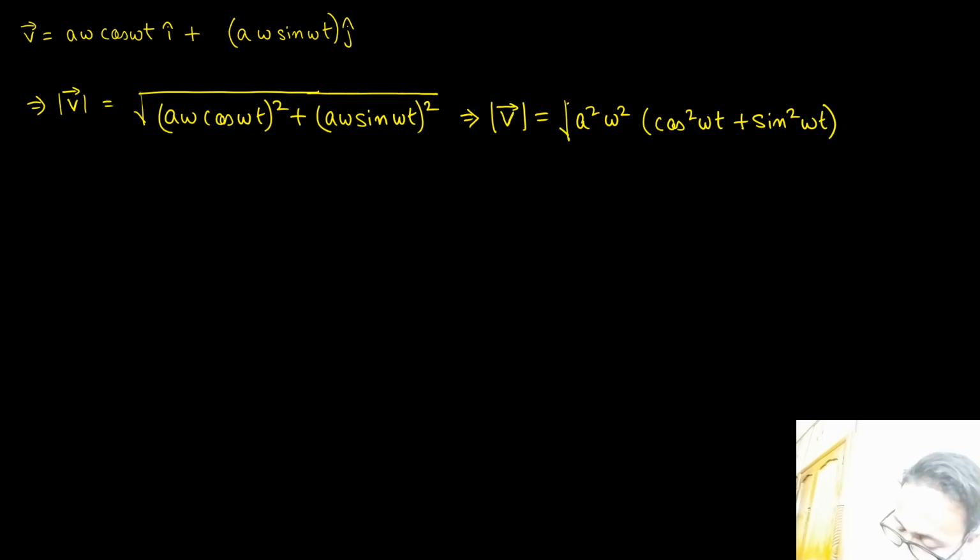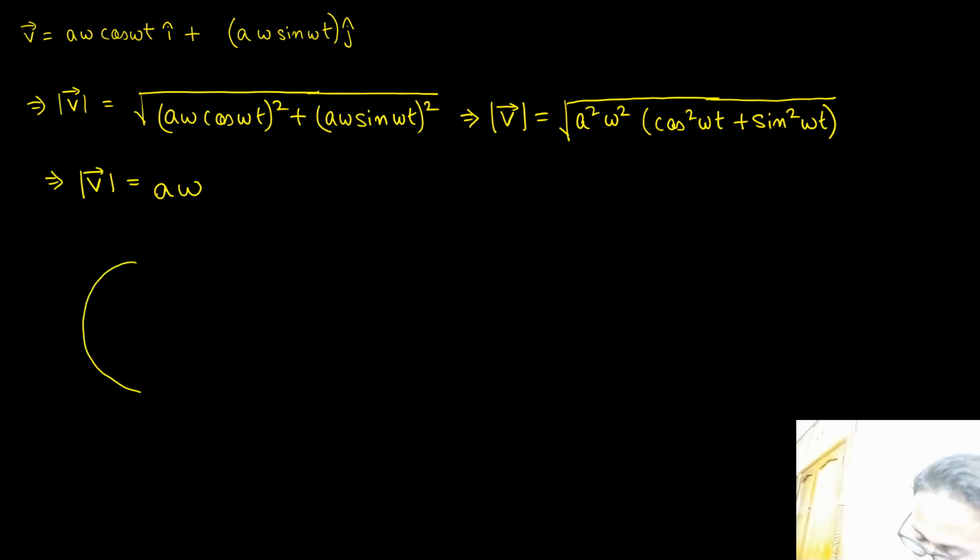If I solve this, the magnitude of velocity in the circular path is nothing but a omega. So the particle moves in a circular orbit with a constant speed of a omega.